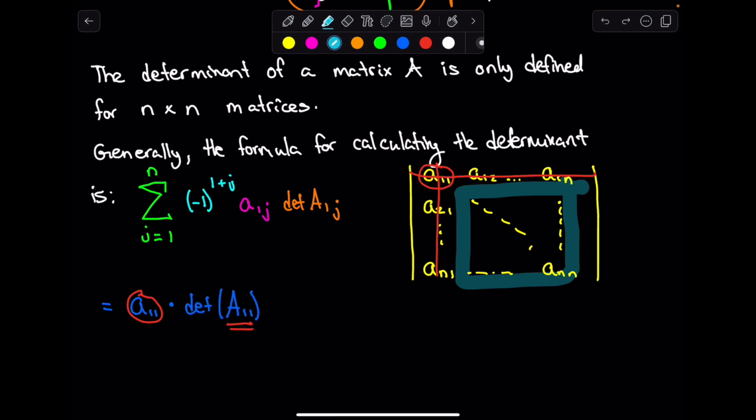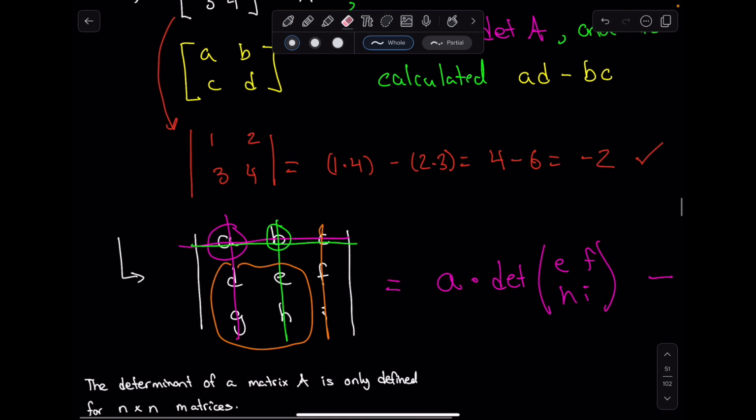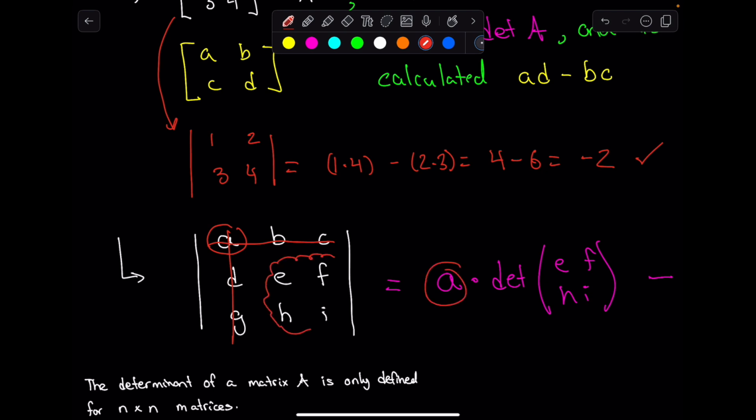That's exactly what we did in the 3x3 example up here when we were coming up with this little formula. We would circle the a term, cross these out, and say the first term is a multiplied by the determinant of what's left over, and I just inserted it here.